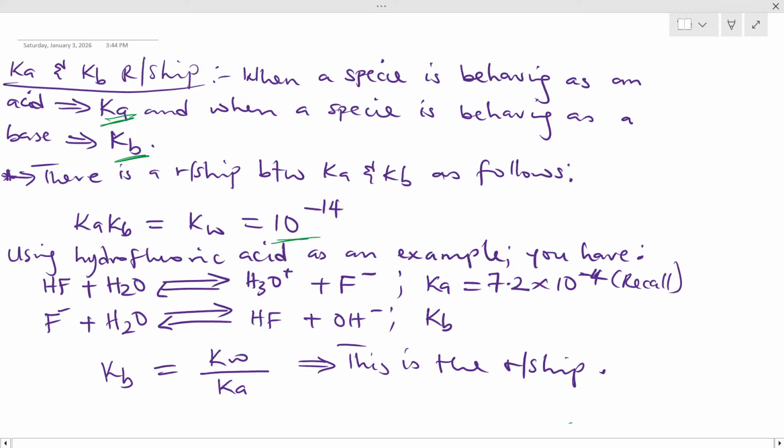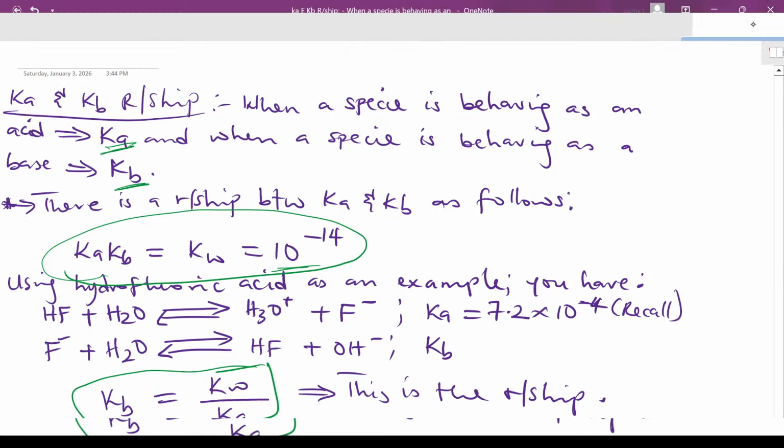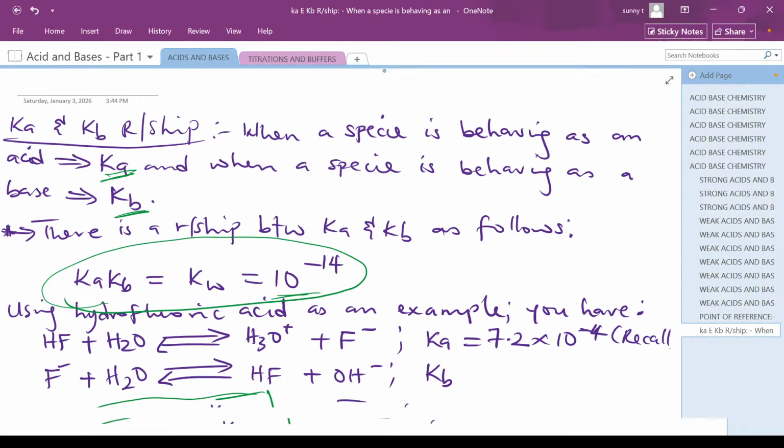This whole relationship is very key, and it comes from this equation right here, and it shows the relationship to the dissociation of water. That's where we ended our acid base topic as we move on to titrations and buffers.